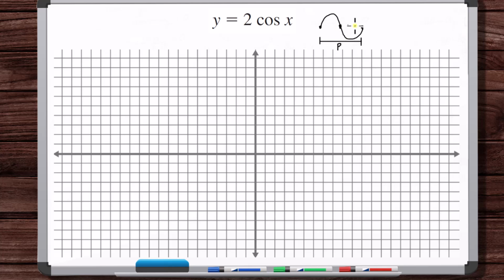For any sinusoid, even if it's been stretched about the y-axis, shrunk, stretched about the x-axis, flipped, whatever, and even shifted left or right or up or down, because shifting doesn't change the shape at all, the x-intercepts, the peak and the trough are going to be equally spaced across the period.